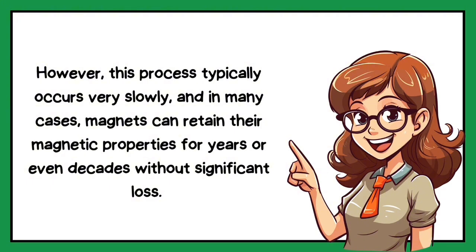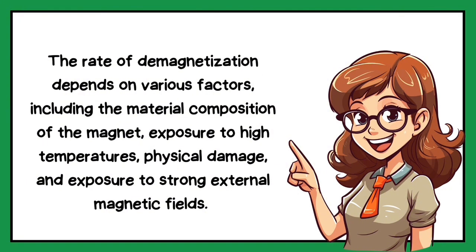However, this process typically occurs very slowly, and in many cases, magnets can retain their magnetic properties for years or even decades without significant loss. The rate of demagnetization depends on various factors, including the material composition of the magnet, exposure to high temperatures, physical damage, and exposure to strong external magnetic fields.